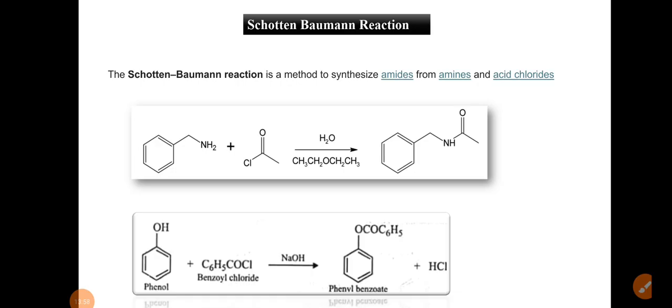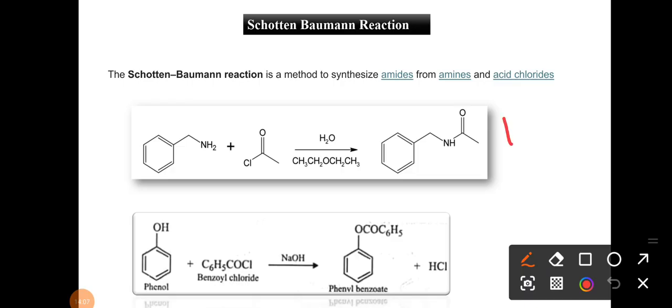Similarly, instead of the amine, if you use phenol, phenol reacts with benzoyl chloride, that is nothing but an acid chloride, in the presence of a base. It gives phenyl benzoate. That is also the Schotten-Baumann reaction, and it is also very important.